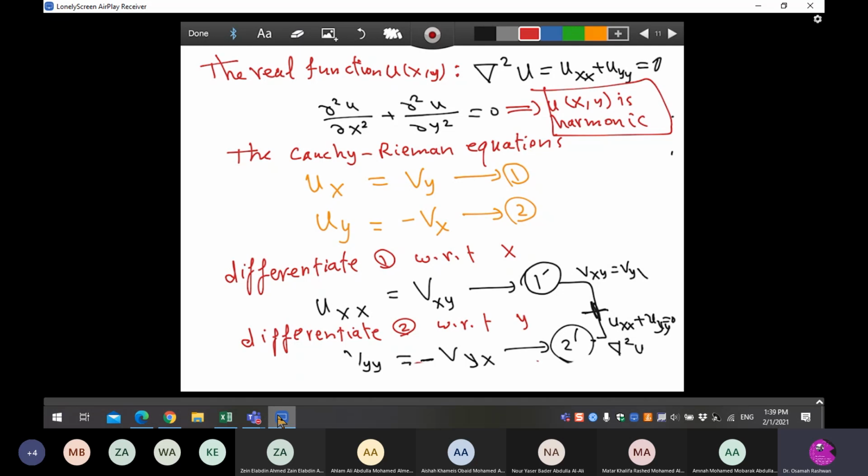So what does it mean? It means if the real part of my complex function is harmonic, I can find v, the other part. This is why when you have one piece, the real part or the imaginary part, you can find the other, or vice versa. Yes, this is the point of doing this.